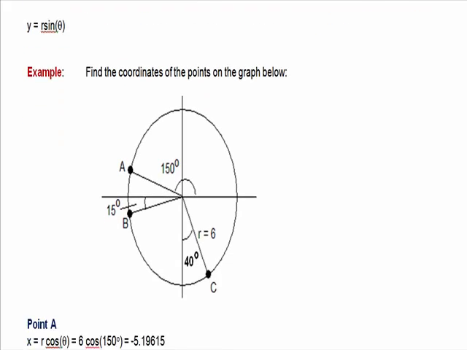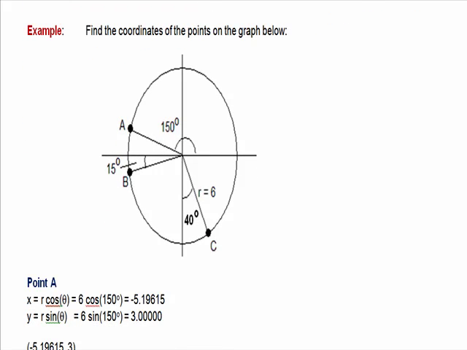So for example, if I wanted to find the points on the graph below, I actually have points A, B, and C. So for point A, by the way, notice my radius is always 6. So to get point A, x would be 6 cosine 150. And I actually did this by using my calculator.